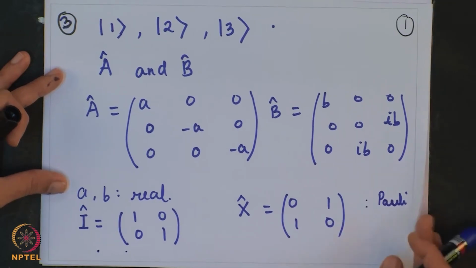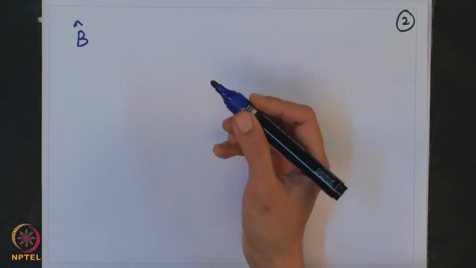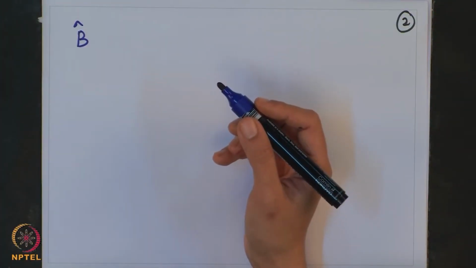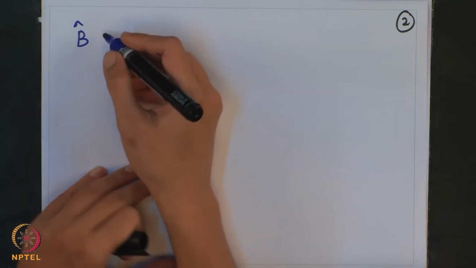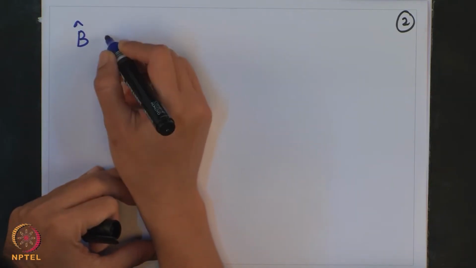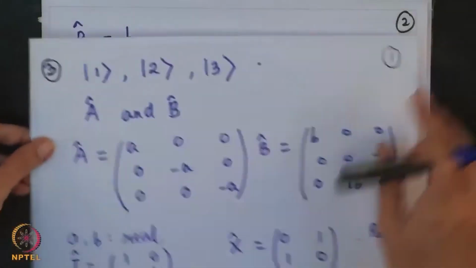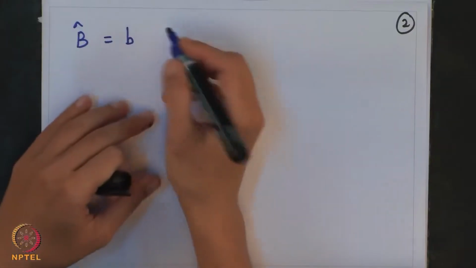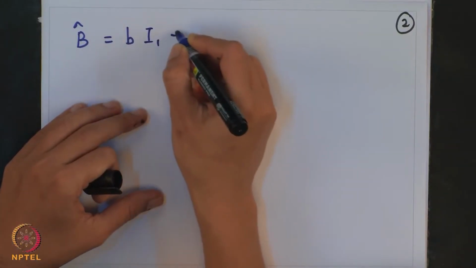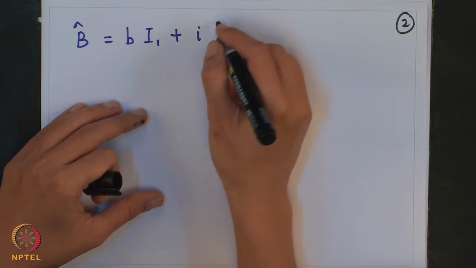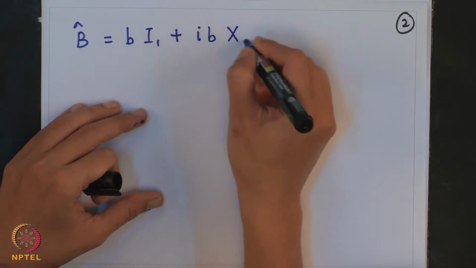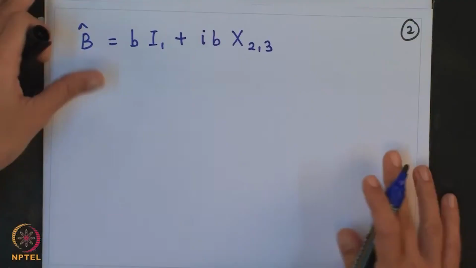Let us see whether it is easy to write and recognize the eigenvalues and eigenvectors. So, operator B can be rewritten as B times I in the 1 1 block, plus iB X in the 2 3 block.